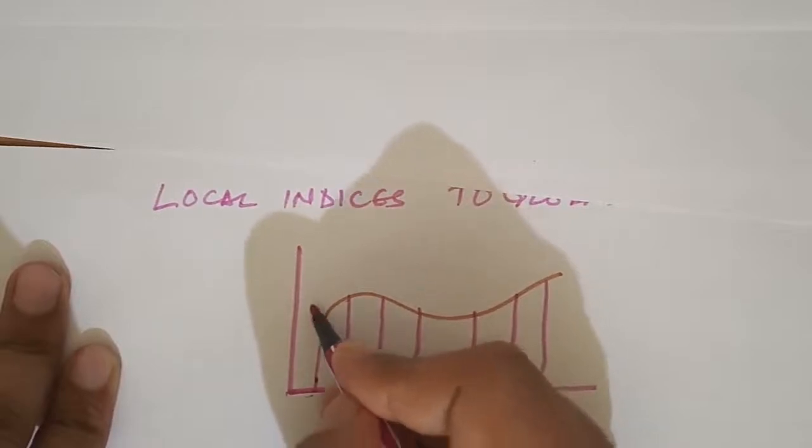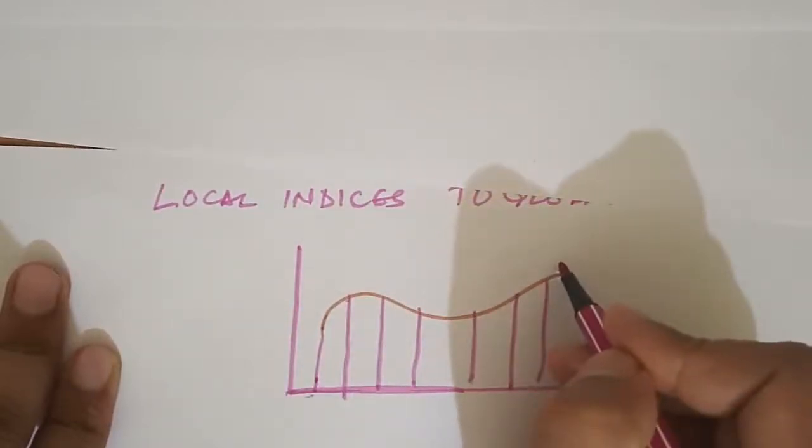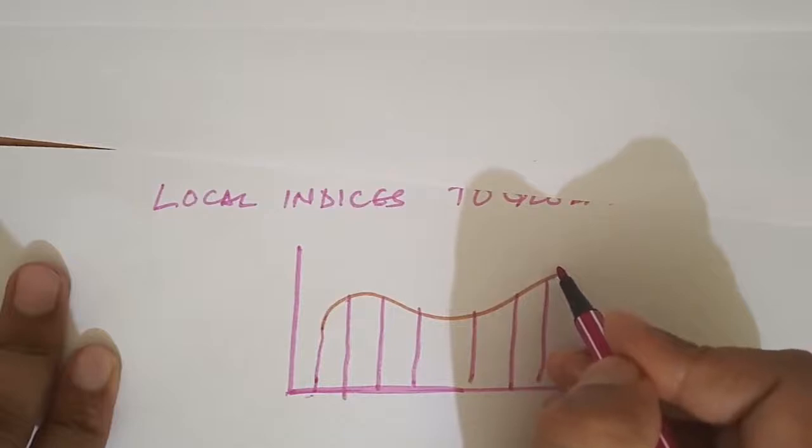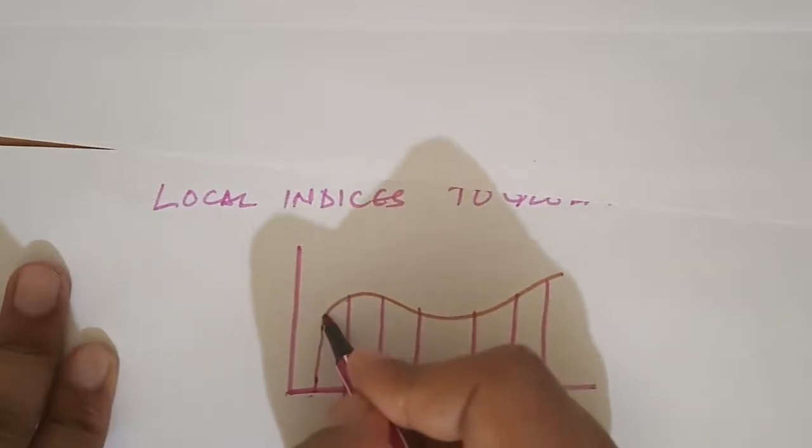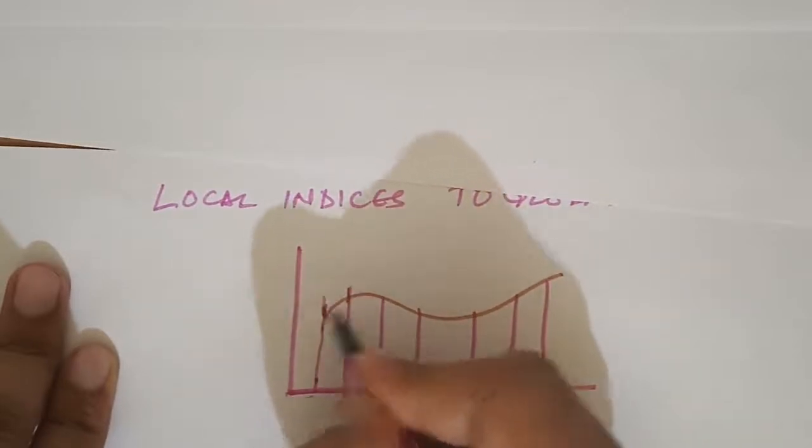So instead of going for the entire domain with a single approximating polynomial, we decided that we will go for a low order polynomial that is valid only in a given subdomain.